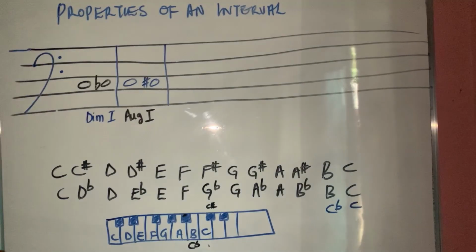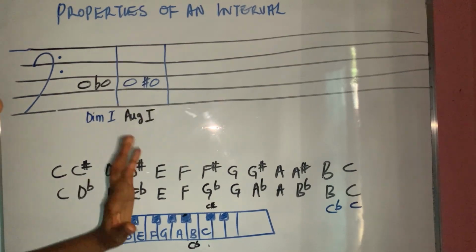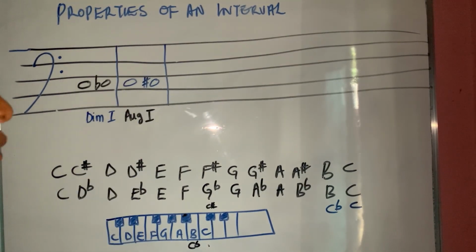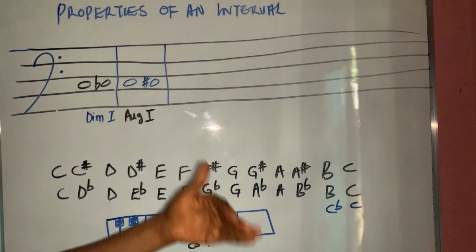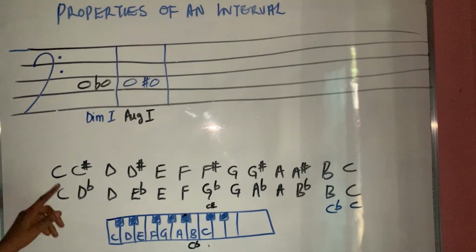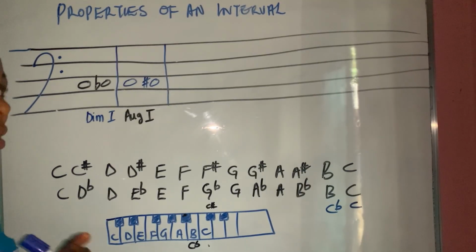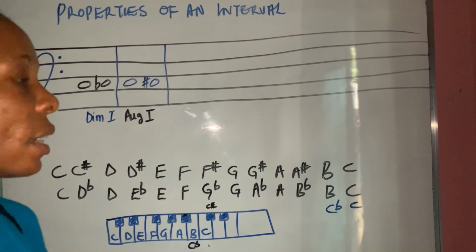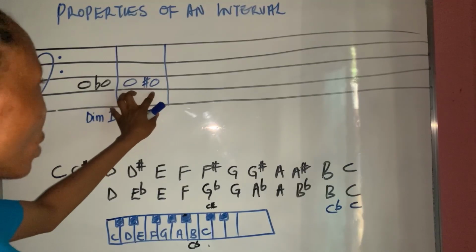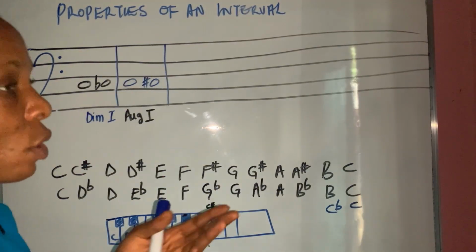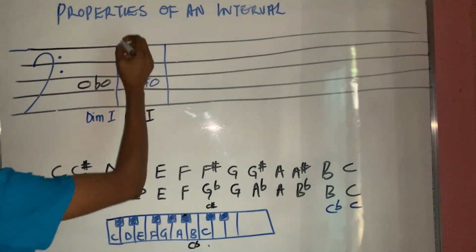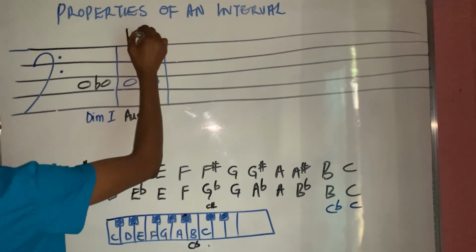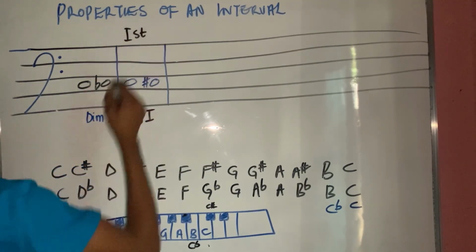Good. Then let's continue. We're not going to consider so many. Let's just build the basics, because as we keep going, we add. Now, C to D, we've already considered. Let's consider how many semitones. We consider that it has only 1 semitone. I'll write here, only 1 semitone involved.